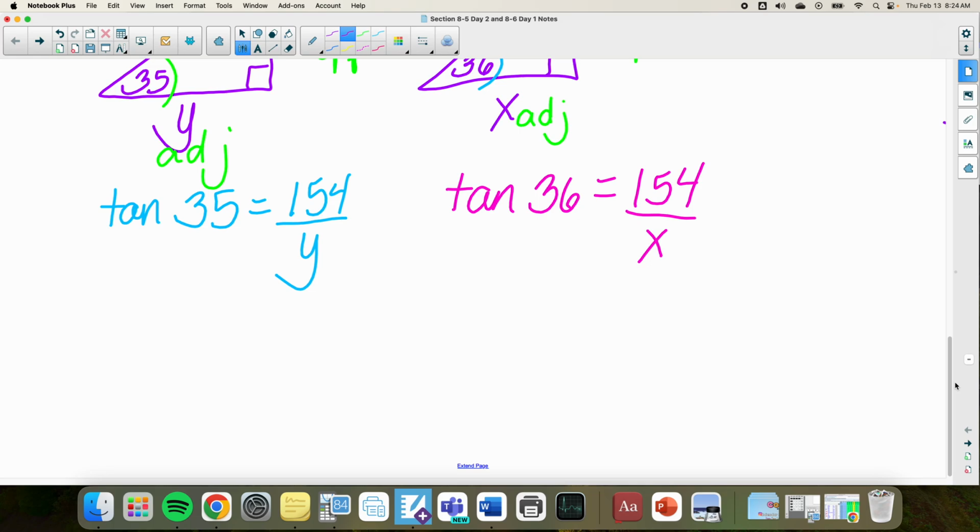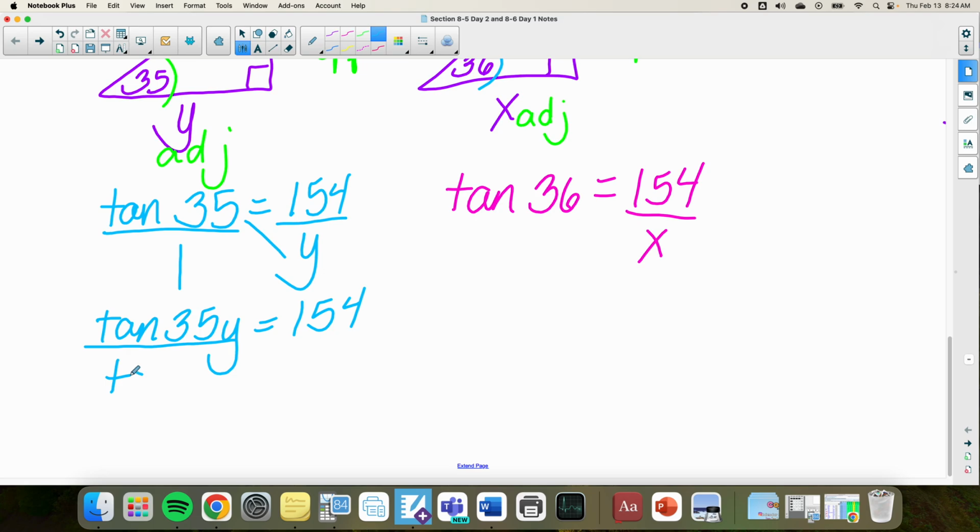Now, are these ones where we do cross products or second tan? Cross products. So if I go back here and put this over 1, I multiply here, I get tangent 35y equals 154. And then I'm going to divide by tangent 35.